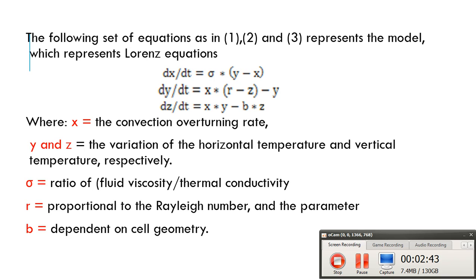Alpha is the ratio of the fluid viscosity to the thermal conductivity. R is proportional to the Rayleigh number, and the parameter B is dependent on cell geometry.